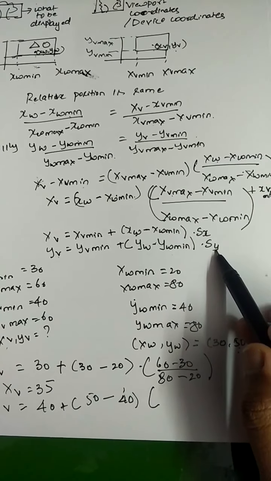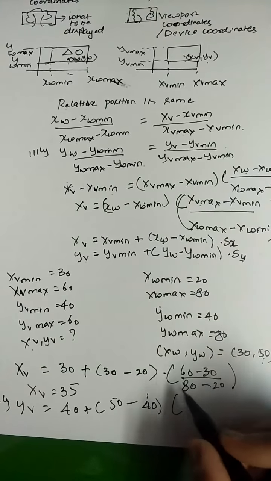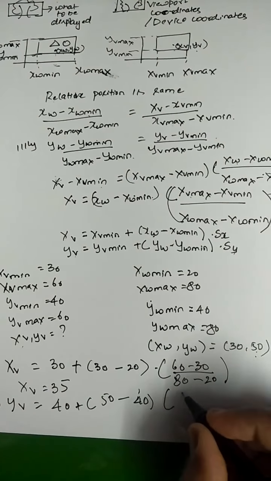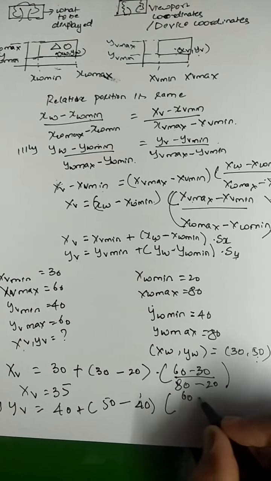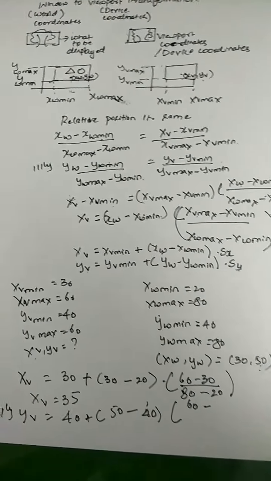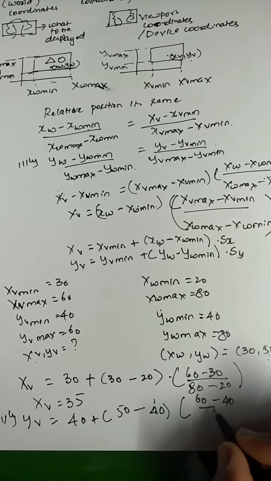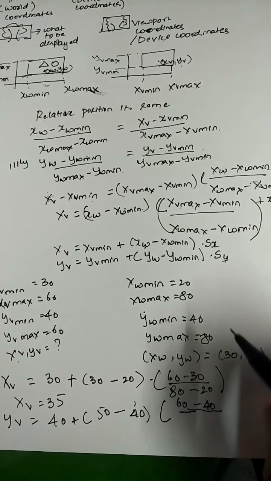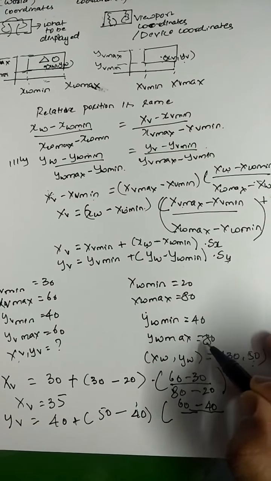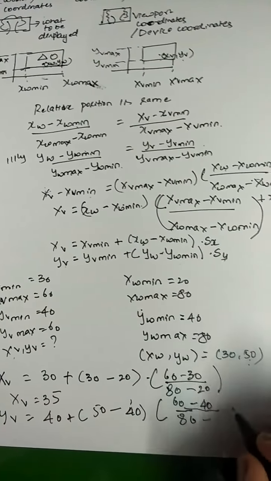Sy is YV max, 60, minus YV min, 40, divided by YW max, 80, minus YW min, 40.